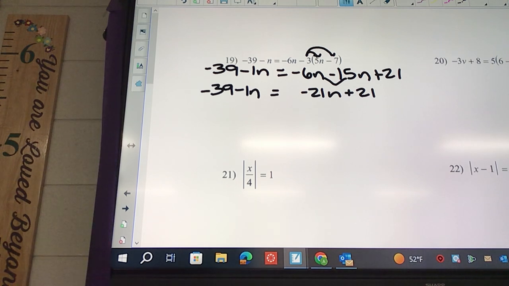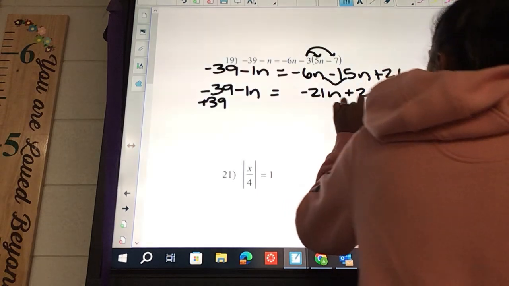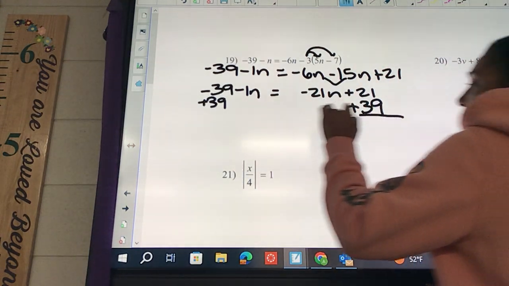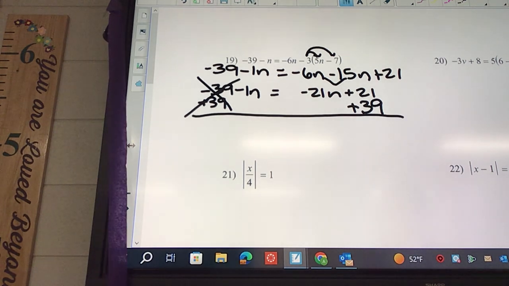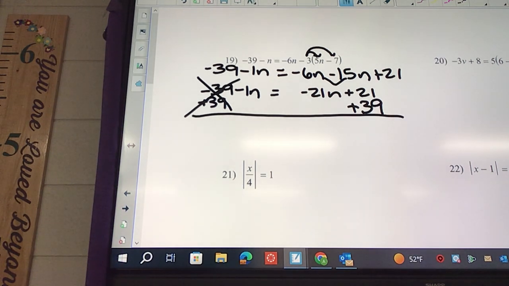Okay, so now we can go ahead and start moving stuff around. What needs moved? The 39 needs moved. And it's gotta go under this particular 21. What else needs moved? The 21 needs moved over.